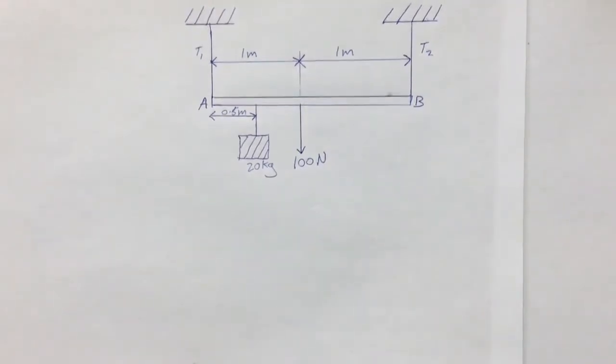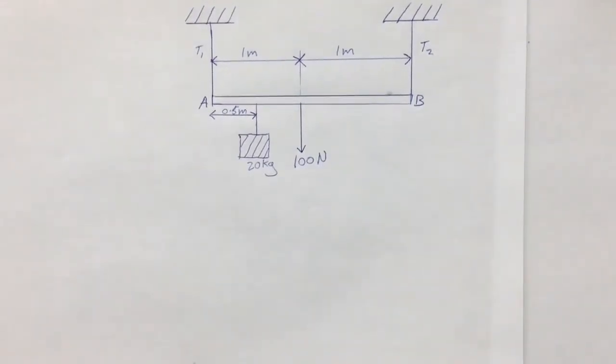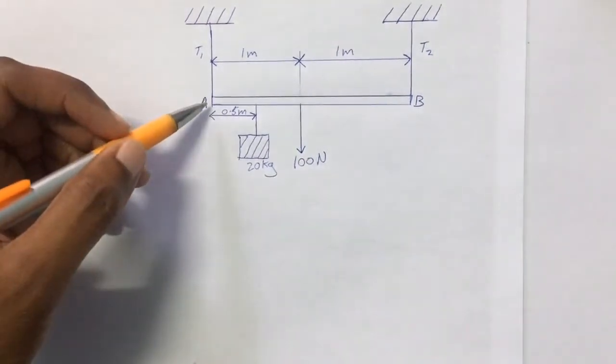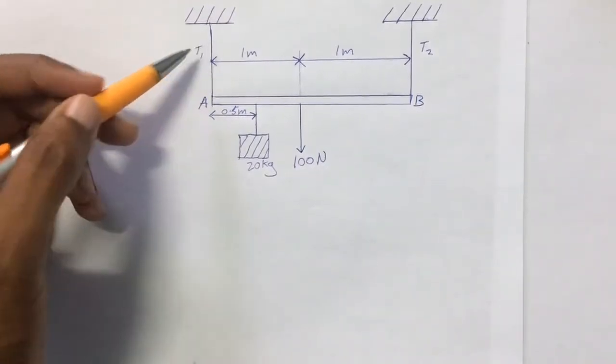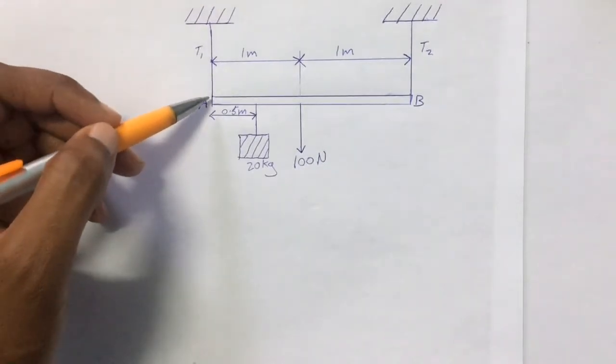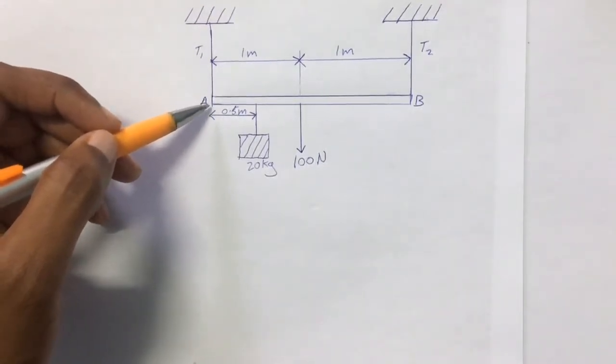It's always important to draw your diagram so you know exactly what you're doing. So the principles of moments says that for a system to be in equilibrium, the net moments must be 0. In other words, the moments on one side must be equal to the moments on the other side for there to be no net moment, and therefore the system will be in equilibrium. Now, in order to start solving this problem, we must take moments from one side of the rod. So in this case here, we'll start taking moments from side A. Once the force is passing through a pivot point, the moment will be 0.